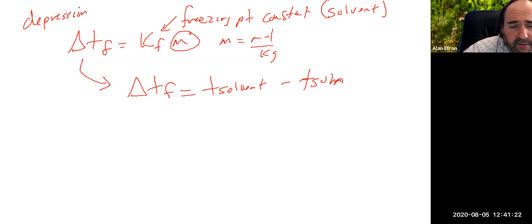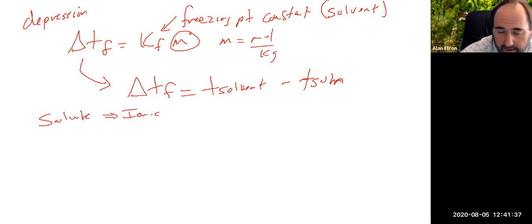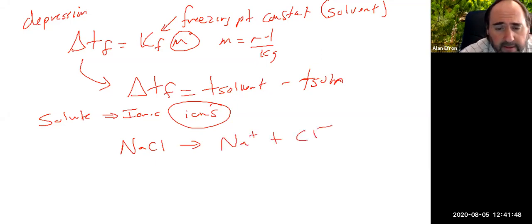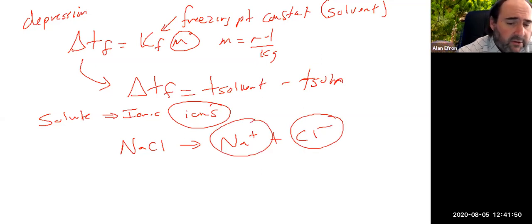We use these formulas for non-ionic solutes, so molecular solutes. When solutes are ionic, they break apart into ions. As we talked about, if we had something like sodium chloride, for every sodium chloride compound that goes in there, we generate 2 ions.